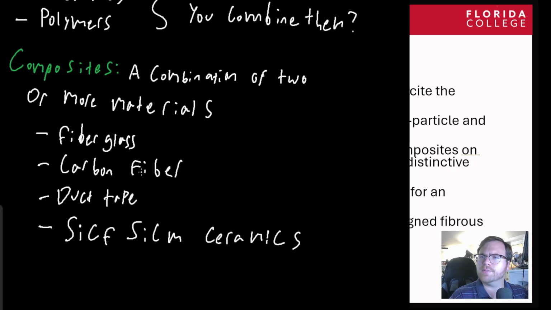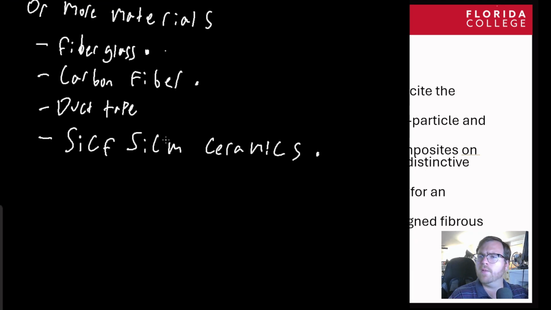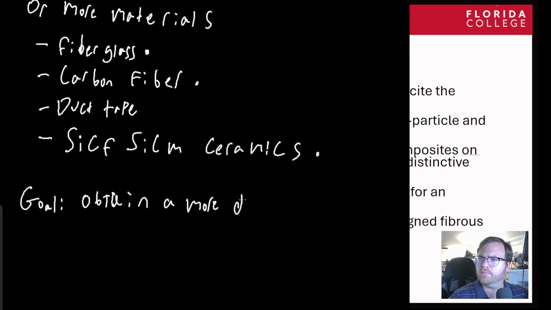So why do we do this? Why do we want to create things like fiberglass or carbon fiber or even our silicon carbide fiber, silicon carbide matrix ceramics? Well, our goal is to obtain a more desirable set of mechanical properties, and it's up to us as engineers to decide what we mean by more desirable, right?